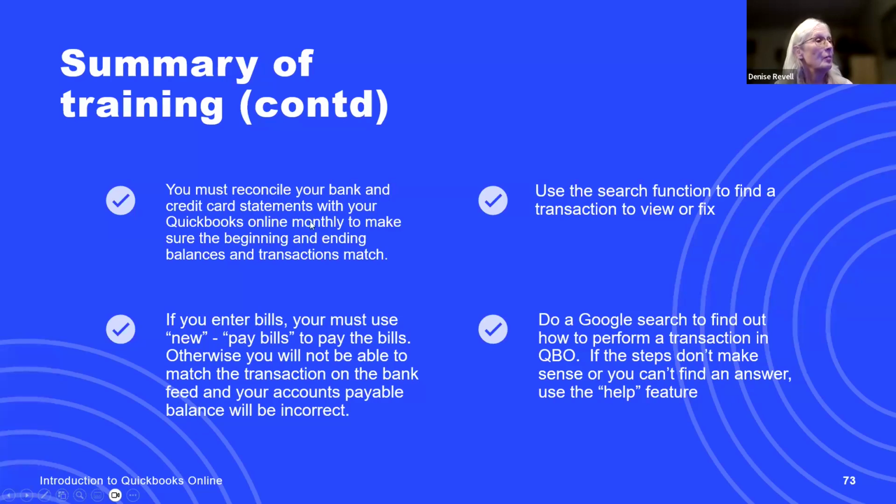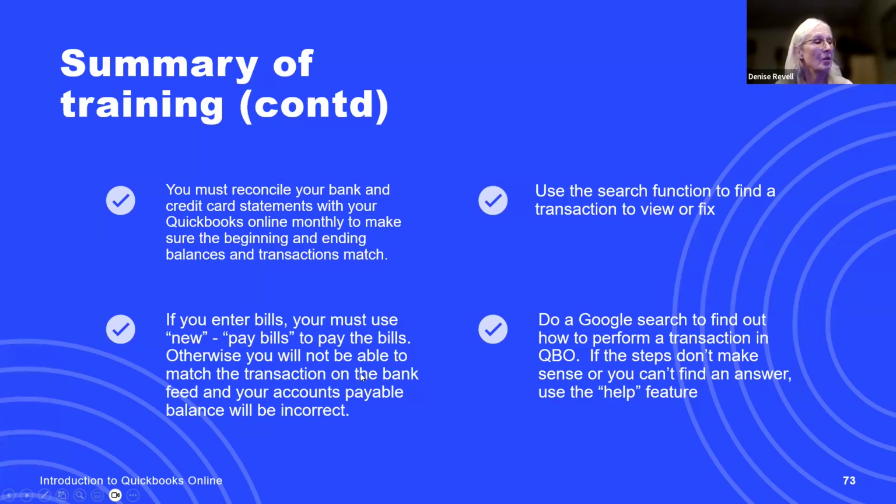Another critical item, you must reconcile your bank and credit card statements with your QuickBooks Online monthly to make sure the beginning and ending balances and all the transactions match. If you enter bills, you must use new pay bills to pay the bills.